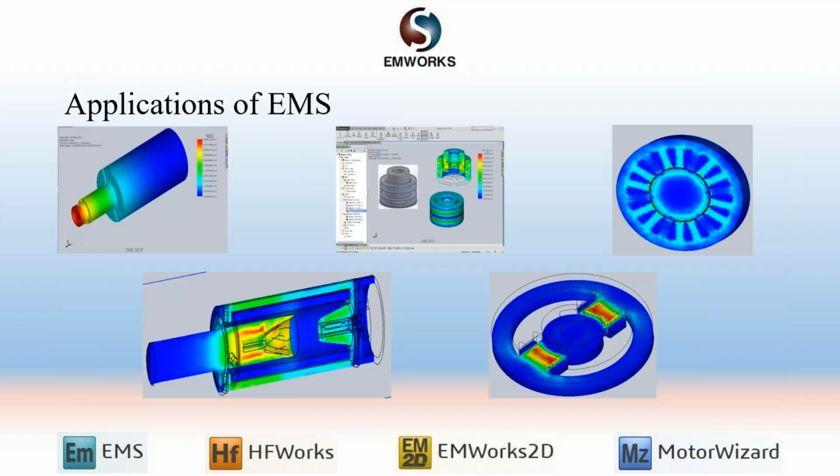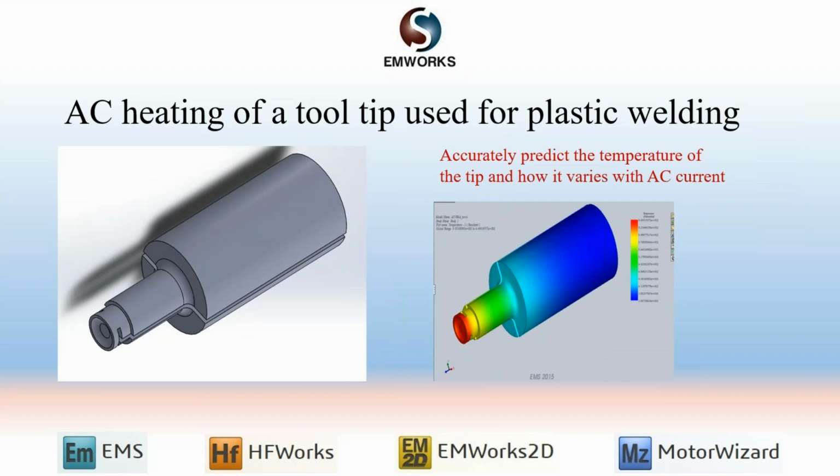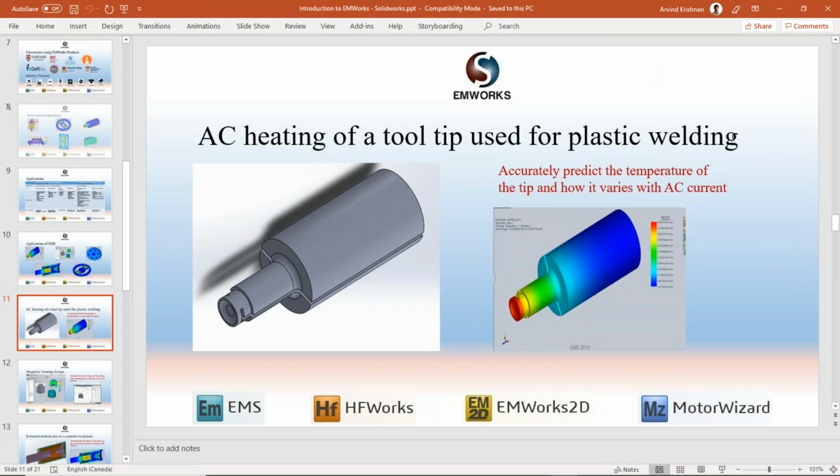Now we will be discussing several applications of EMS, and I will go over some of them before we show a demonstration of the product. The first thing that I would like to show is the AC heating of a tooltip, which is used for plastic welding. This makes use of AC magnetic simulation.